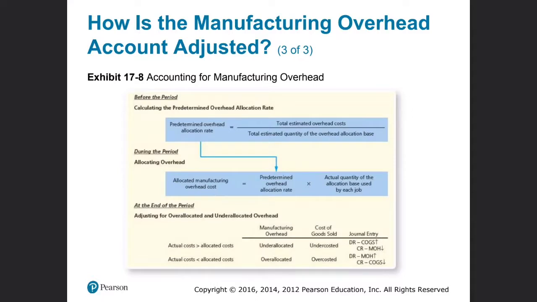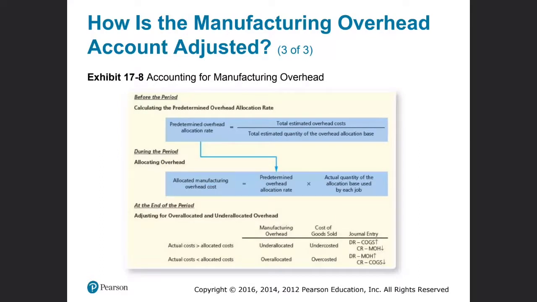That is going to give us our allocated manufacturing overhead cost. And at the end of the period, that's when we get the actual overhead. So at the end of the period, that's when we're going to adjust for any over-allocated or under-allocated overhead.